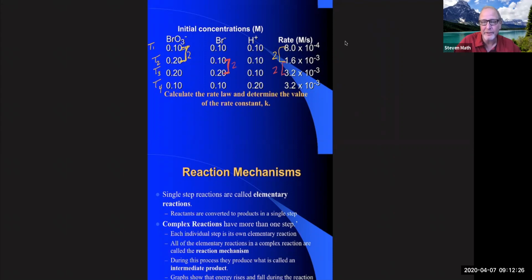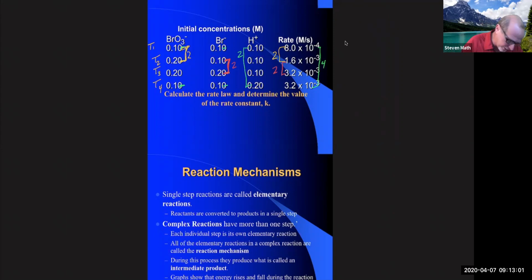So right now everybody is first order. And now in our third one, now we need to find what looks like trials 1 and 4. The bromine is constant, the bromate is constant, and the H plus doubled. We doubled our concentration, and look what happened over here to the rate on the right side. It went up by a factor of 4.